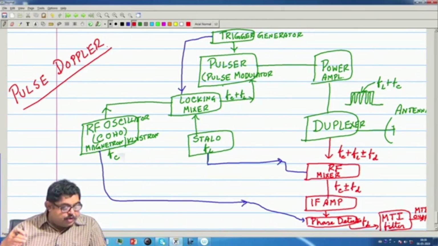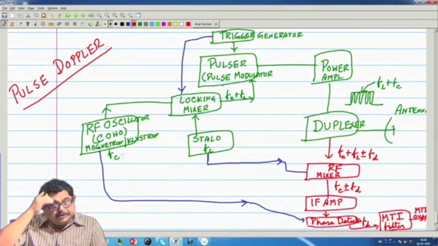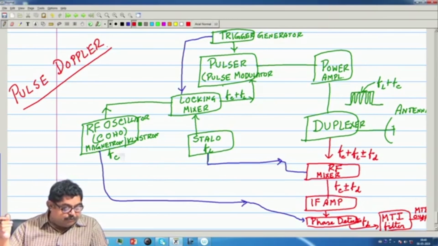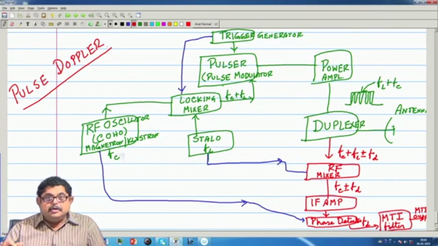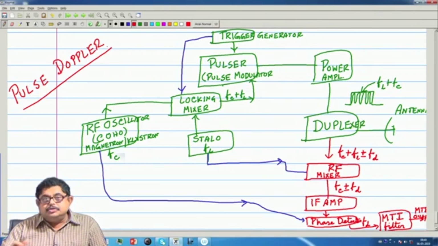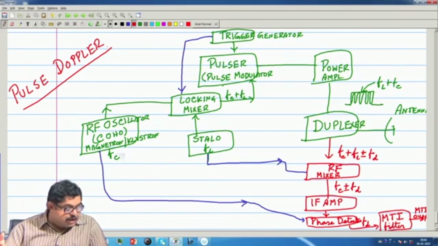So, echoes from fixed targets will have a fixed phase difference from the reference, and moving targets produce echoes with continuously changing phase at the Doppler frequency. So, it is necessary that the reference signal be locked in phase with the transmitted signal, so that these two signals are coherent. The radar is called a coherent MTI radar.